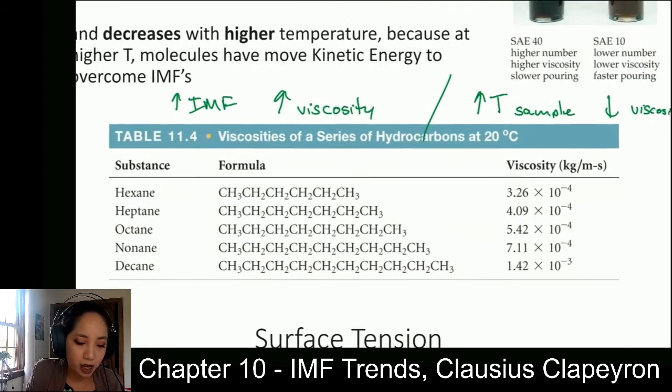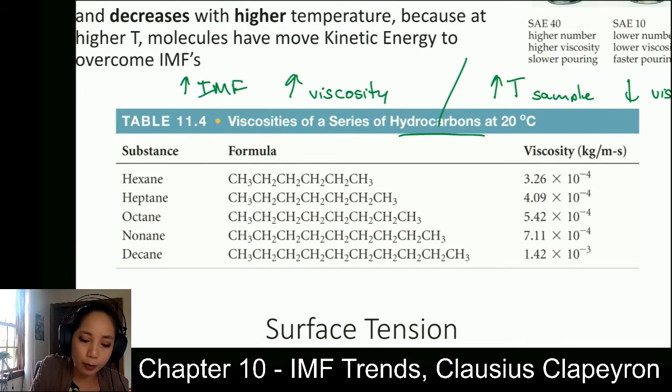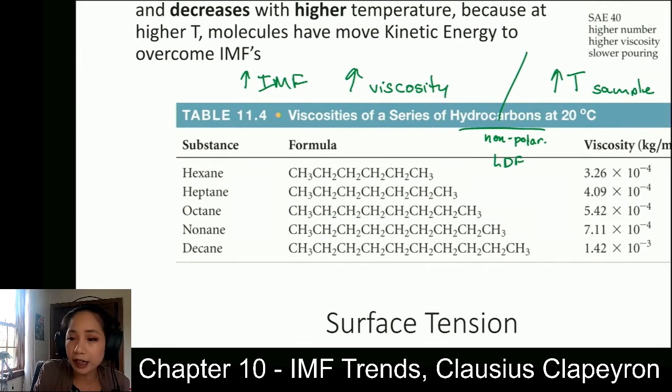Here are some viscosities of different hydrocarbons. Remember, these are nonpolar substances, so the only intermolecular force present in these hydrocarbons is London dispersion forces. I have a series of hydrocarbons where the chain length, the number of carbons, increases. As we go down this table, the molar mass of the substances increases.